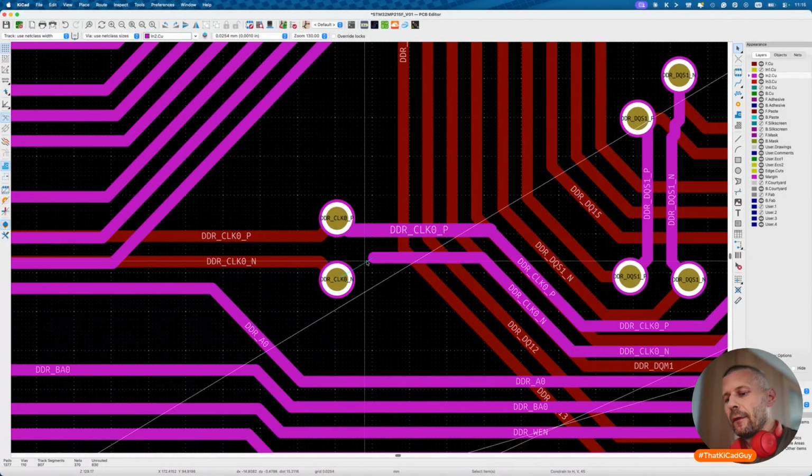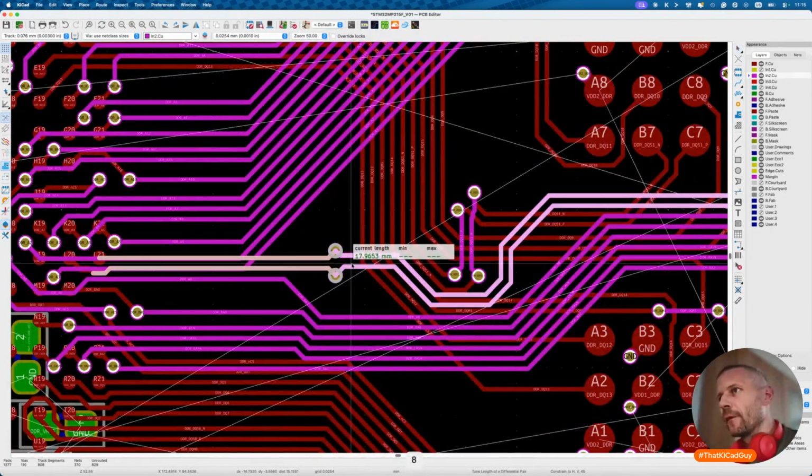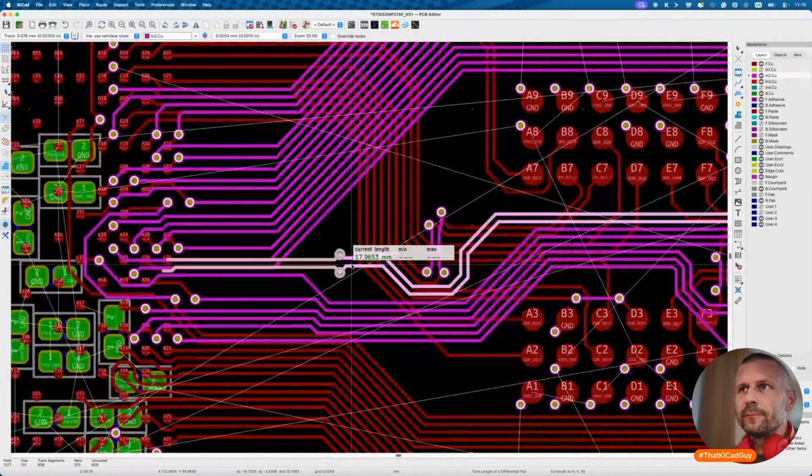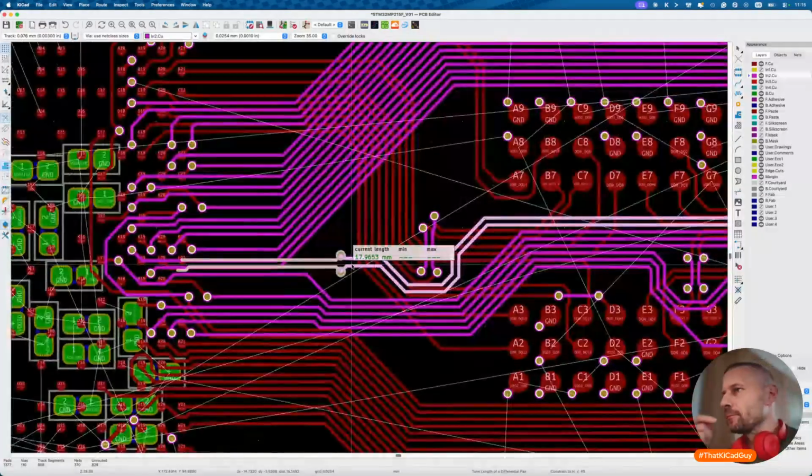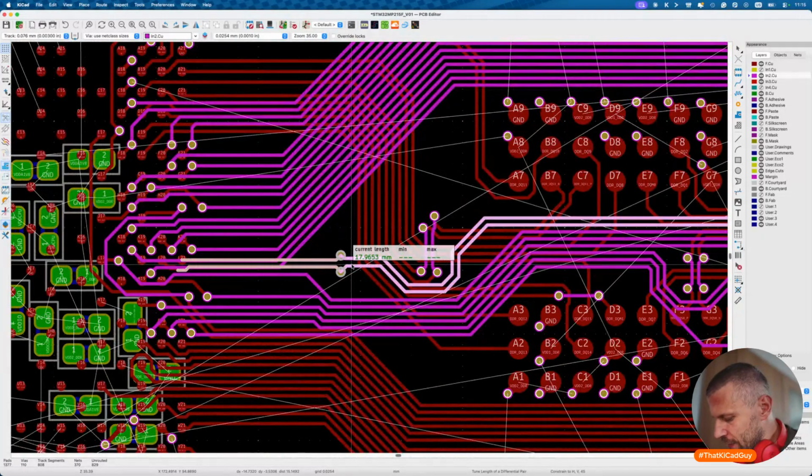Yeah, you can see there are more issues than before. Now the plus minus, the clock signal is 17.96, so let's roughly, okay, 17.96.